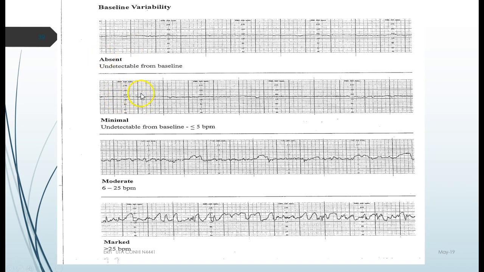This one has a few more fuzzies on the baseline, and those fuzzies are a lot bigger than those, okay? But again, it's relatively flat, and those are equaling 5 beats per minute or less. So we call that minimal variability. Now, if we look at the change from beat to beat, from here to here, this is almost 20 beats per minute.